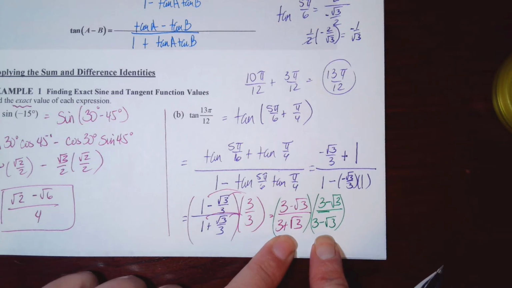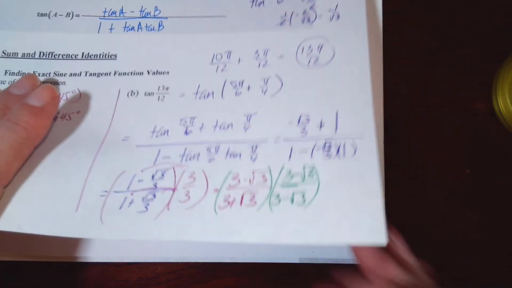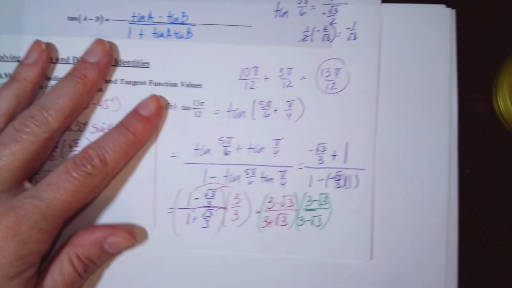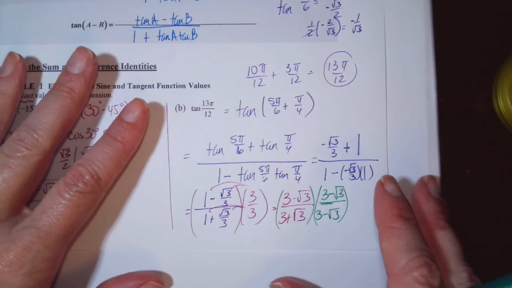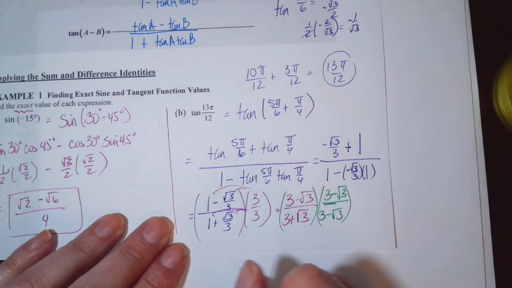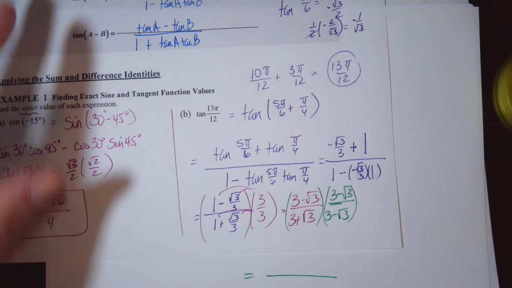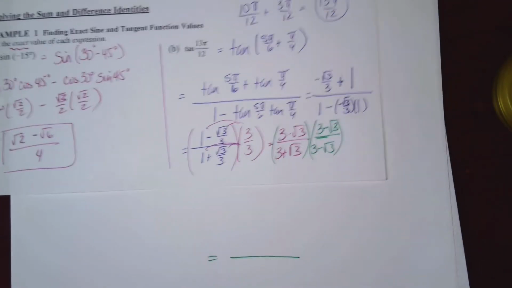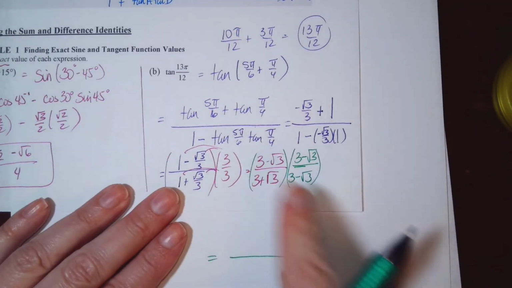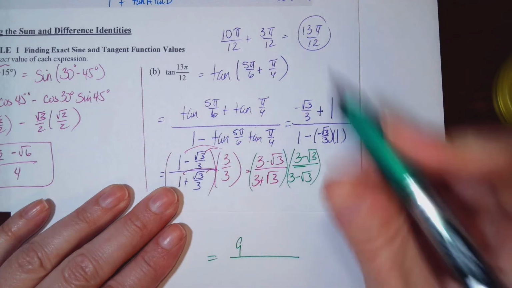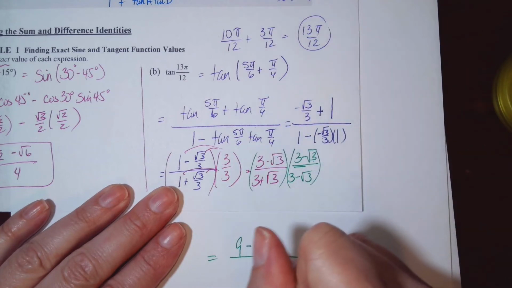I'm going to FOIL. I'm almost out of space, so let me get some blank paper here so that when we FOIL we can see what happens. When I FOIL, my numerator, I've got 3 times 3 is 9. My outside product is a negative 3 square root 3.